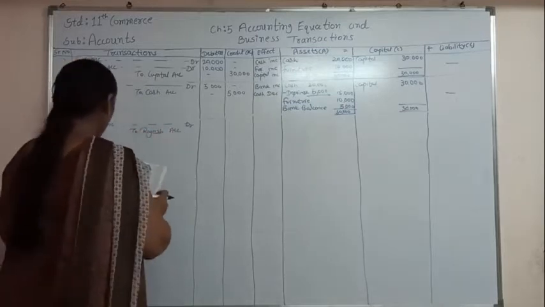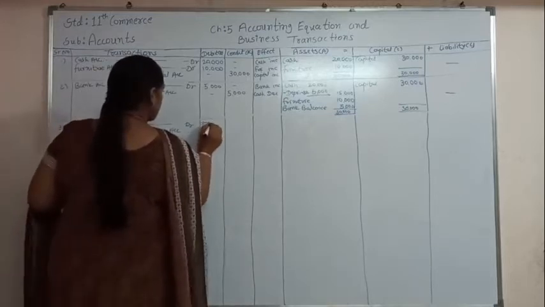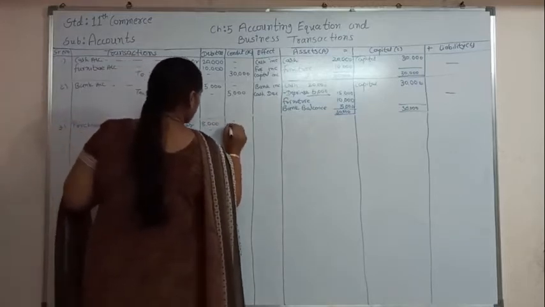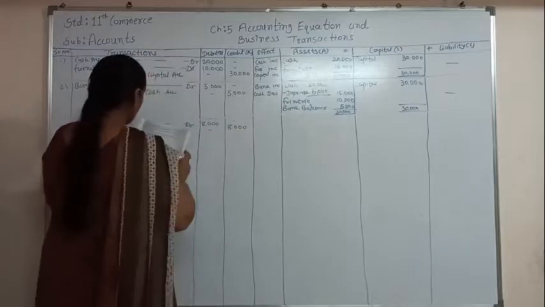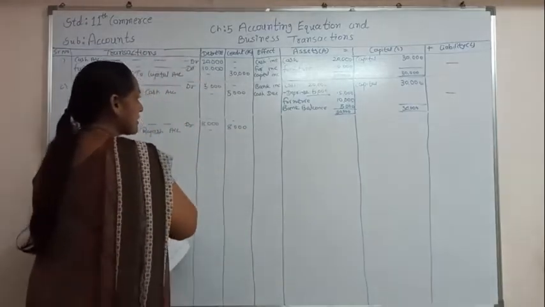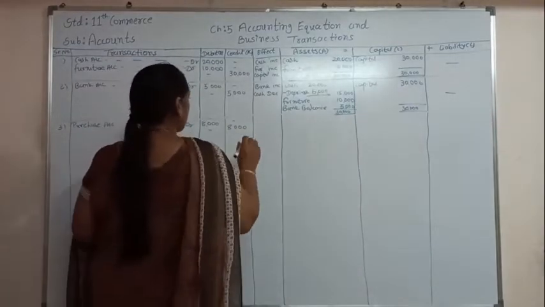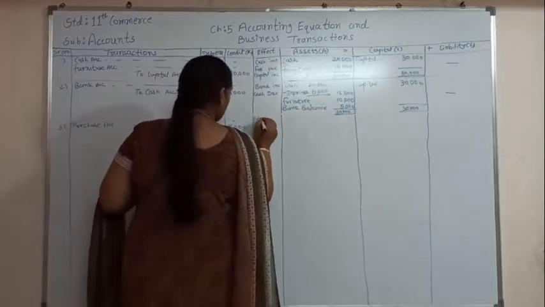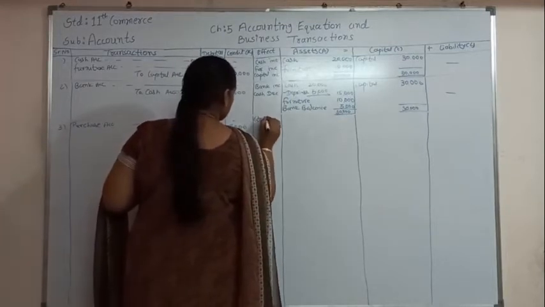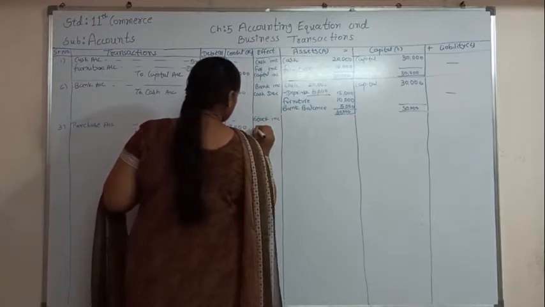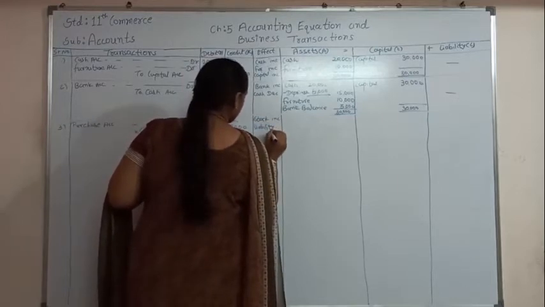Here goods of rupees 8,000, and here because of this transaction stock is going to be increased and liability is also going to be increased.